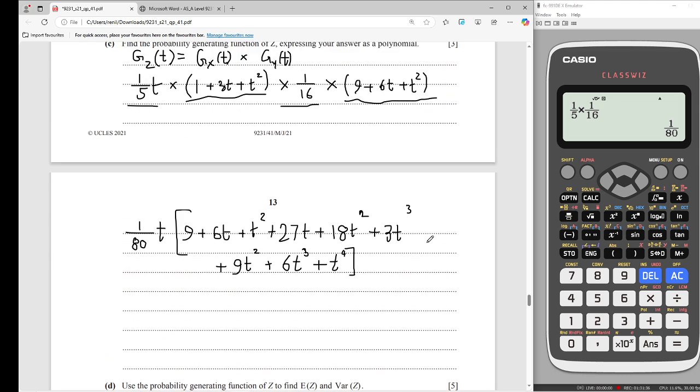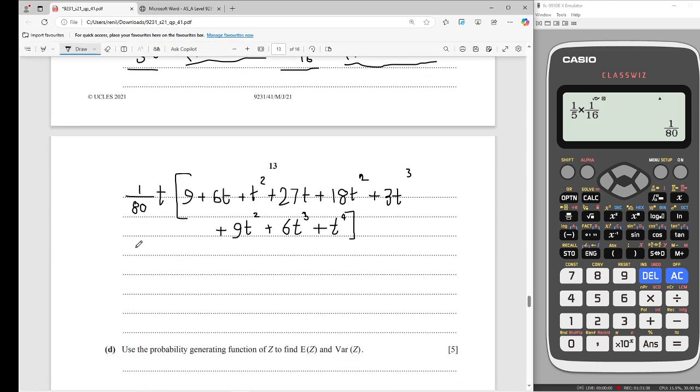Okay, so we've done that. Now we can simplify our equation, which is going to be 9 plus 6t plus 27t, so that's going to be 33t, plus t squared plus 18t squared plus 9t squared, which should be 28t squared.